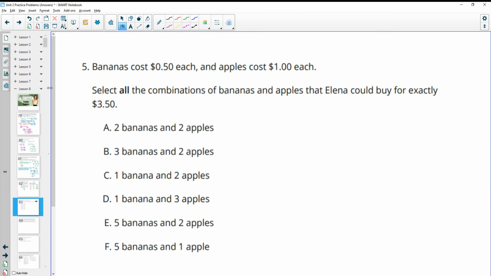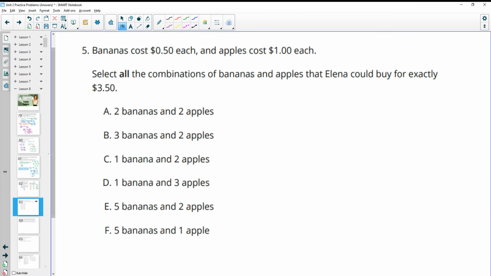Number 5, bananas cost $1.50 each and apples cost $1 each. Select all the combinations of bananas and apples that Elena could buy for exactly $3.50. So we're going to be taking the bananas times $0.50 and then the apples times $1.